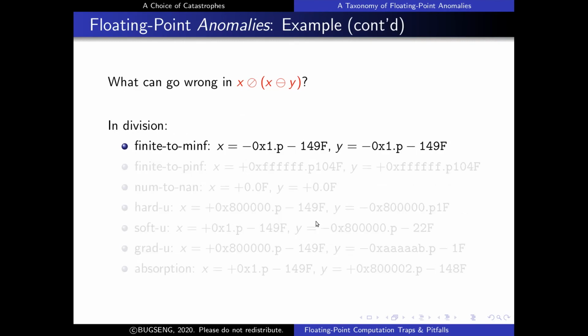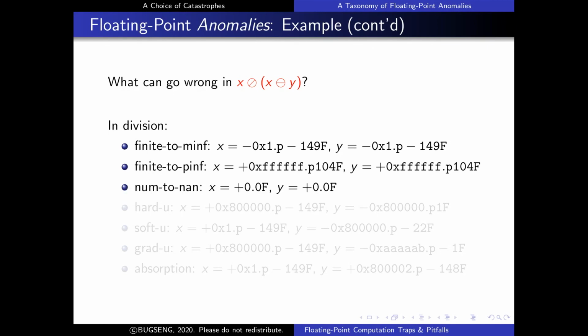And what can go wrong in the division? We have seen what may go wrong in the subtraction. In the division, we can have a finite to minus infinity transition, finite to positive infinity, numeric to NaN. This is easy. For example, if we enter here with x and y equal to 0, this will be 0 divided by 0, it's a NaN. We can have an underflow, so normalized numbers, and the result is 0.